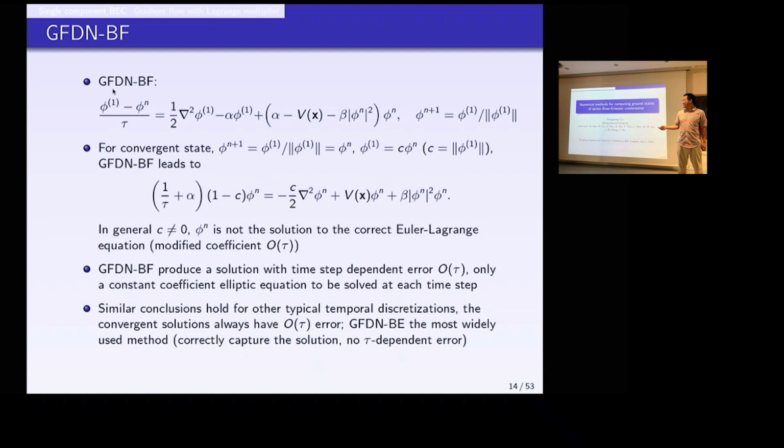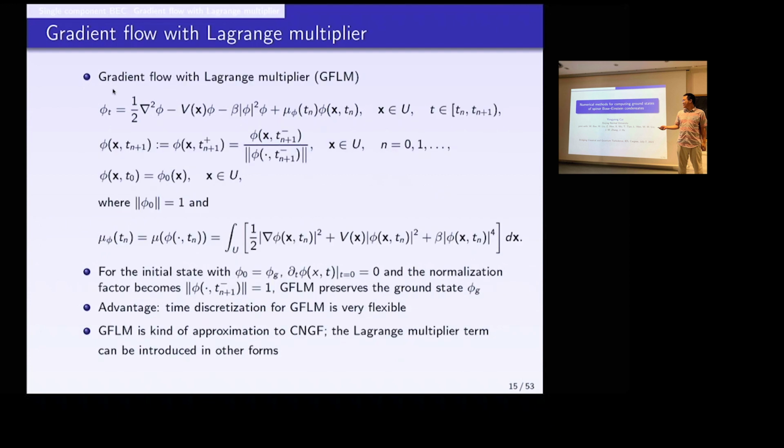Then we have this one. And then we come up with a simple modification. So basically, the algorithm fails for different kinds of discretizations for the PDE part, because if you put the initial state as the ground state, it will deviate from the true ground state.